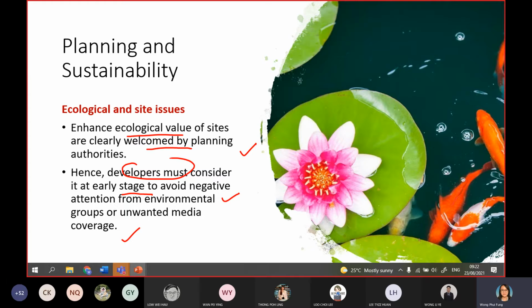You just did one bad thing, people will remember forever. So that's why the developer has to be careful if they choose to destroy the very rare species, then they will get some negative comment from the public, which will affect their property sales or development.